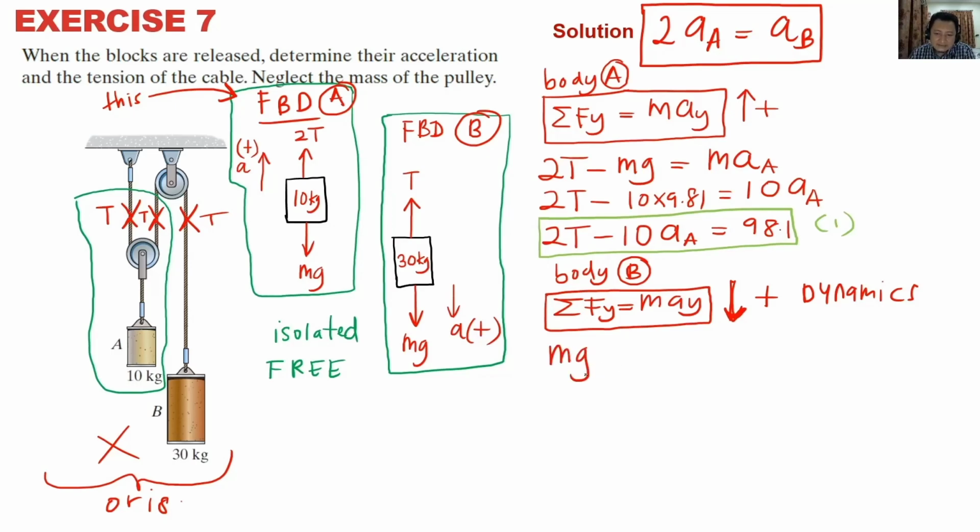Mg going down minus T. T sudah jadi negatif. Mg minus T equals MAB. So M ni is actually MB lah. Yang atas ni adalah MA.